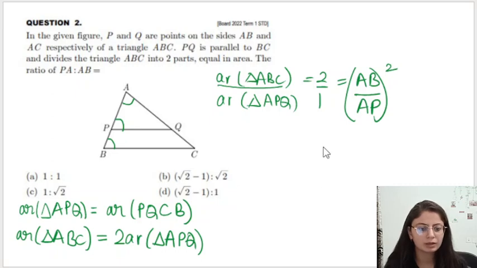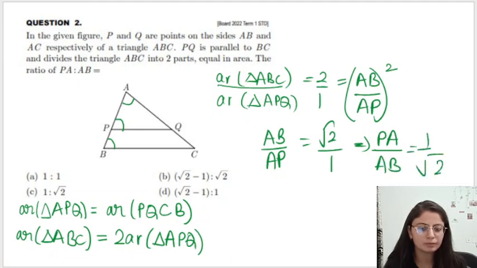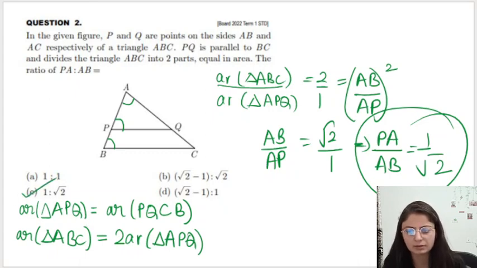Okay, so this means AB by AP is equal to root 2 by 1, right? So यहां से PA by AB कितना आ जाएगा? इसका रेसिप्रोकल कर देंगे, 1 by root 2, right? So the required ratio is 1 by root 2. Okay, so this C part would be the correct answer.